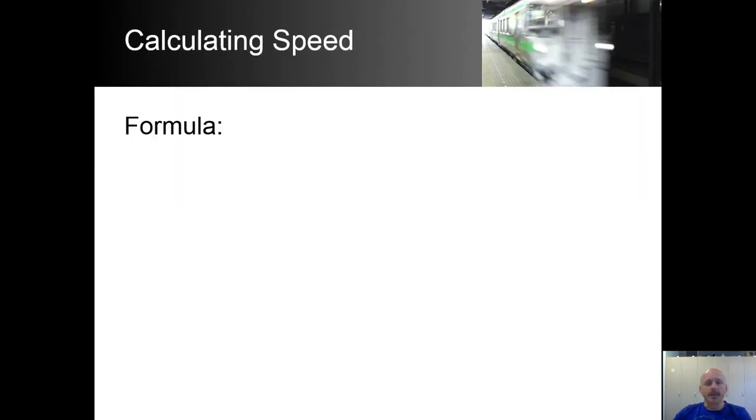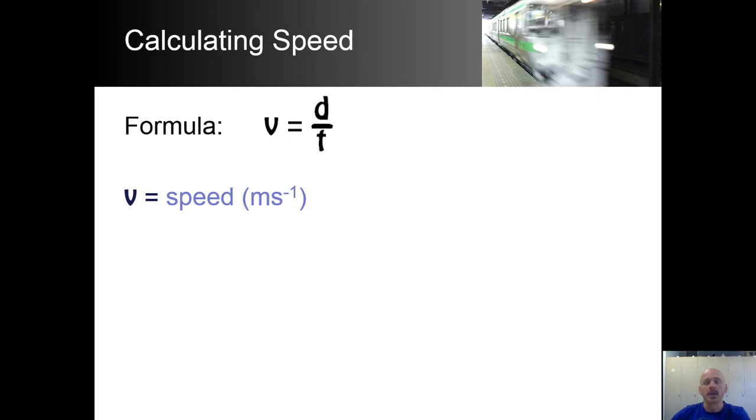Calculating speed. The formula to calculate speed is v equals d over t, where v is speed and the units for speed are ms-1. The reason they use v is that a lot of physicists like to use the term velocity, and velocity and speed are pretty much the same thing.